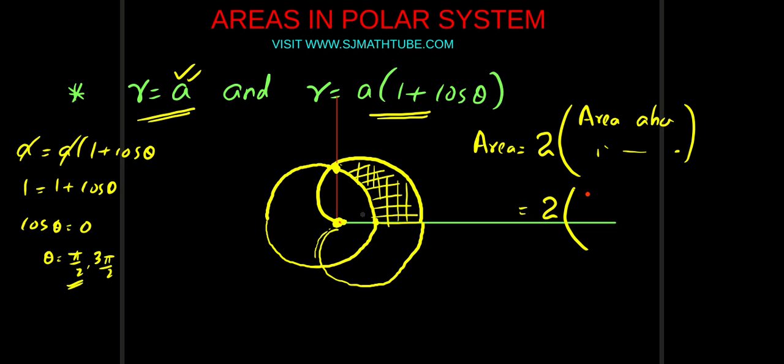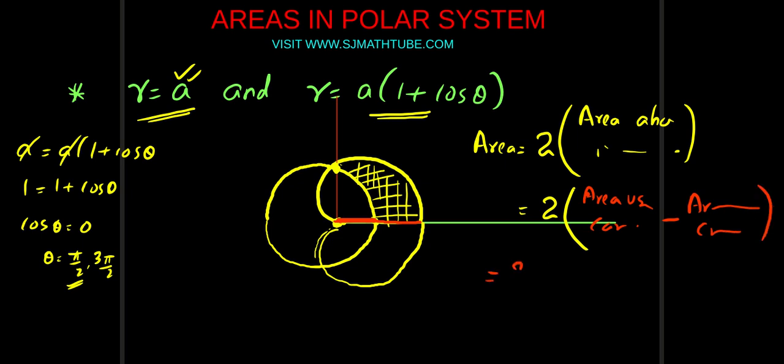Once more I'll show you. If I use the cardioid, I'm going to get this whole area. Look at this. I'll use my radius vector. I'll get the whole area covered. At the same time, if I use the circle, I'll get only this much area. So the required area will be area using cardioid minus area using circle.